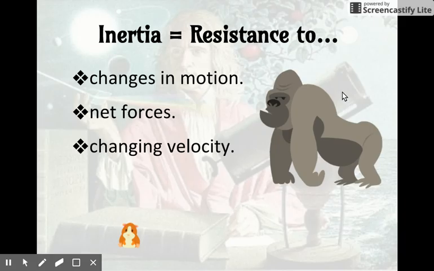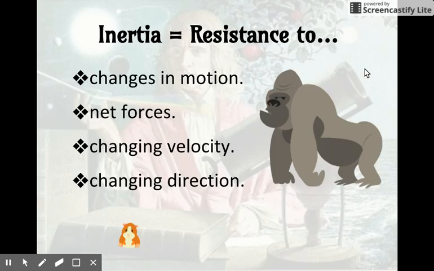Inertia also means a resistance to changing velocity. So it doesn't like to change its speed. It doesn't like to speed up or slow down. So it wants to keep moving in the same direction with the same speed. And lastly, it's going to resist a change in direction. So objects with a large amount of inertia want to continue moving in a straight line.